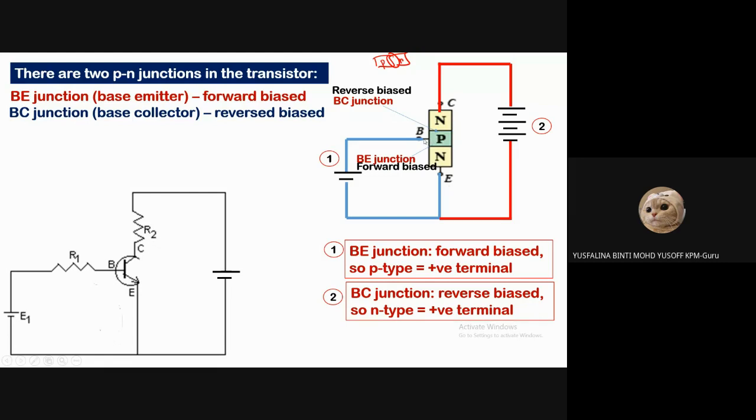So for E to B, there must be forward bias, so it has to be connected to the positive terminal of the battery. While B to C has to be reverse bias, so the N type should be connected to the positive terminal. So the BE junction is forward bias, so the P type goes to the positive terminal. And this one is reverse bias, so the N type has to go to the positive terminal. So there are two types of PN junction, the first one and the second one.